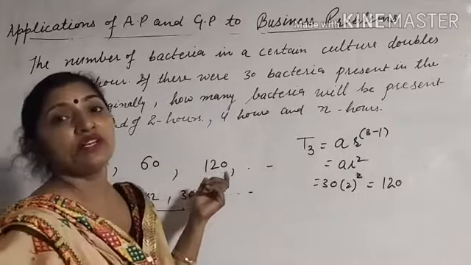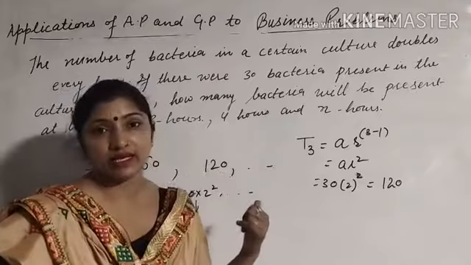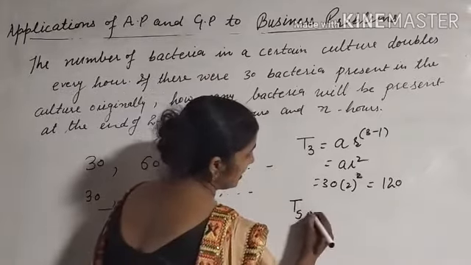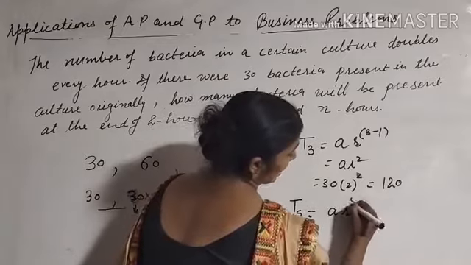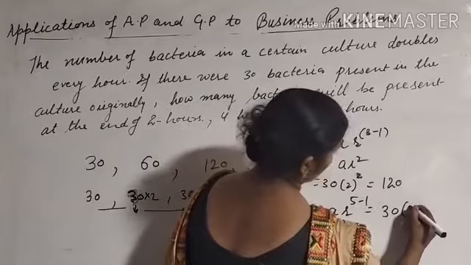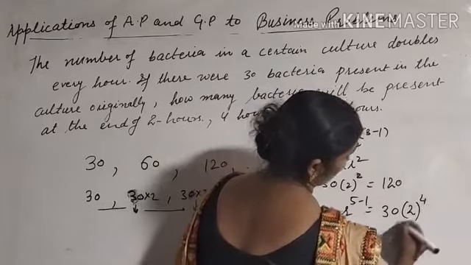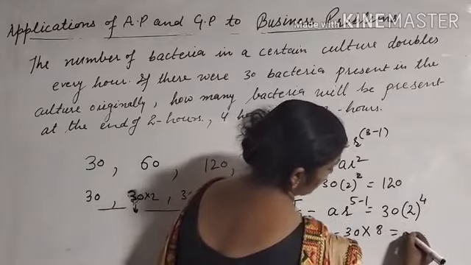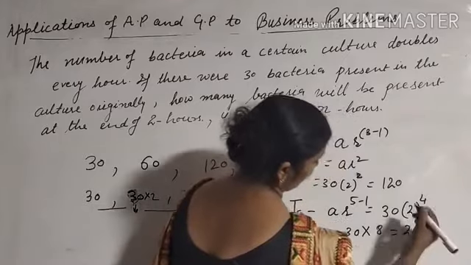At the end of 2 hours, it is 120. Now the bacteria at the end of 4 hours will be T5. And it is A into R raised to the power 5 minus 1. So it is 30 into 2 raised to the power 4. So 30 into 16, it is 480.